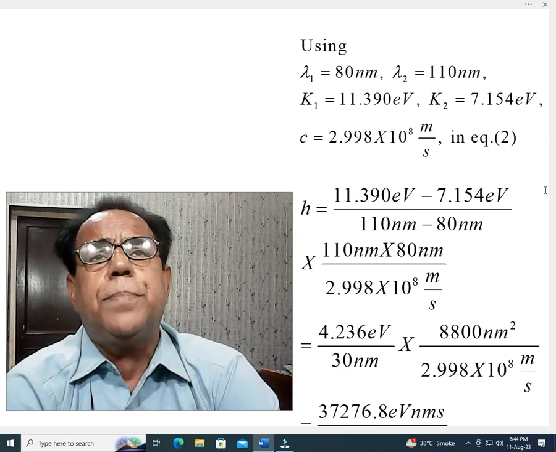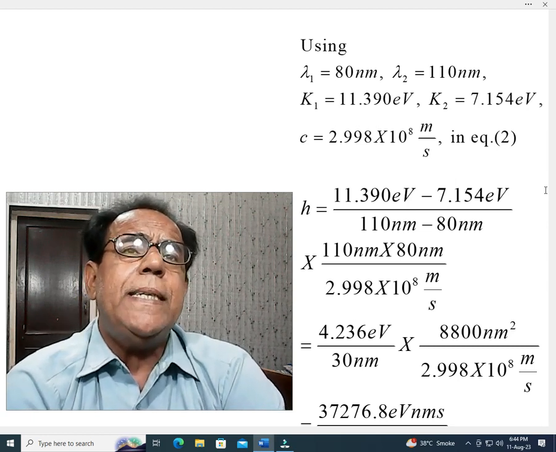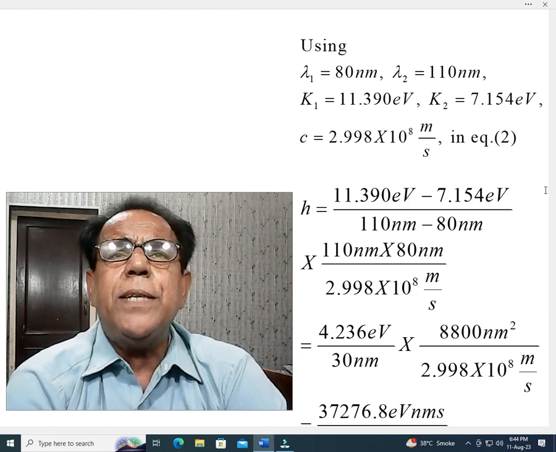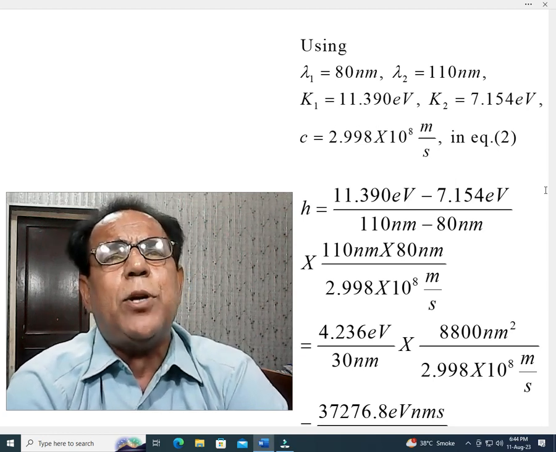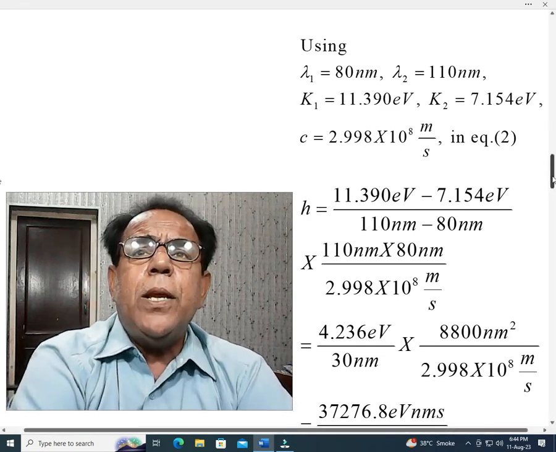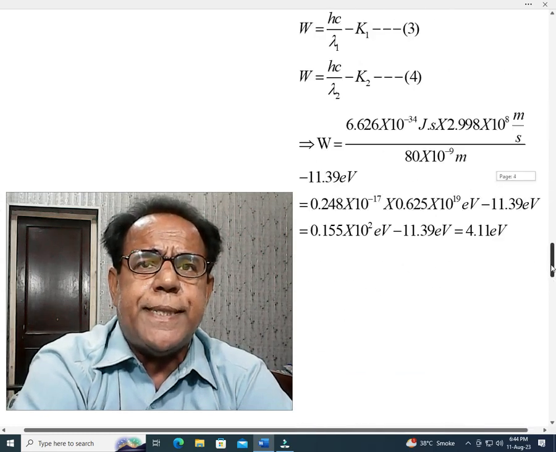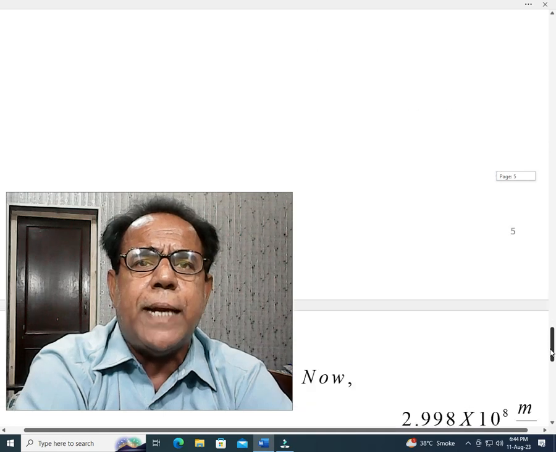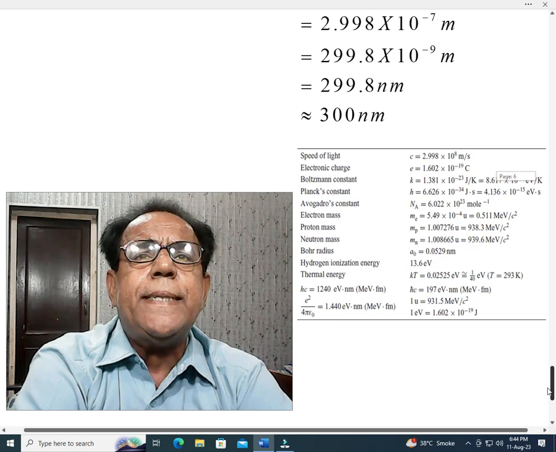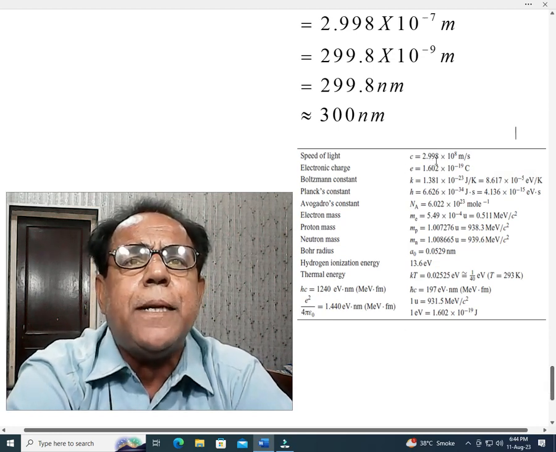Yes students, sometimes the speed of light c is taken as 3.0 into 10 raised to the power 8. There is no difference whether we take 3.0 or 2.998, but for the purpose of solution of this problem, we are following this table of physical constants, which I am going to show at the end, in which the speed of light is given as 2.998.